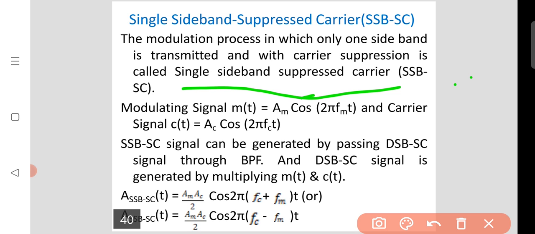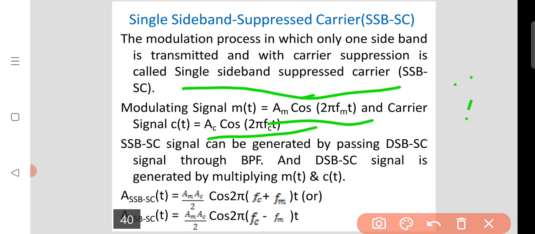The modulating message signal is Am cos 2 pi fm t, and the carrier signal is Ac cos 2 pi fc t. By derivation, we know the standard AM wave has three terms: one term for the carrier and another two terms for the sidebands.